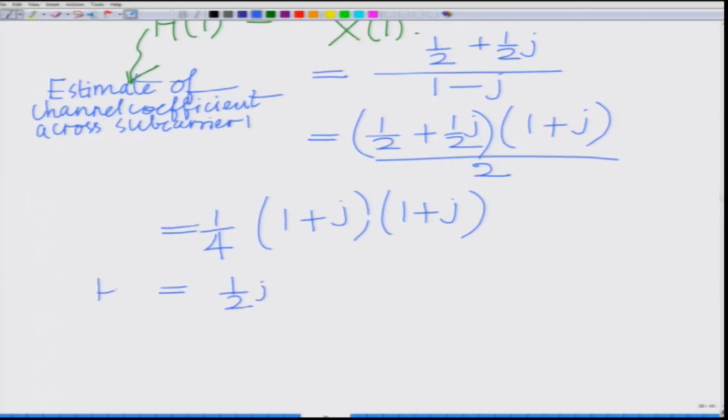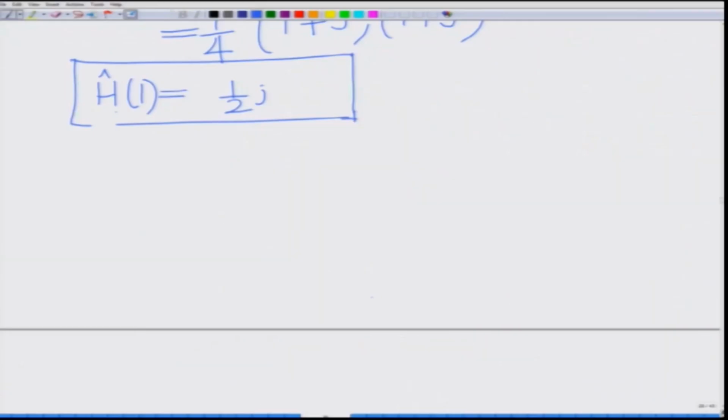So, H hat 1, the estimate of the channel coefficient across subcarrier 1, is capital Y1 divided by capital X1, which is half j. Similarly, we can calculate the estimate capital H hat 3 across subcarrier 3.